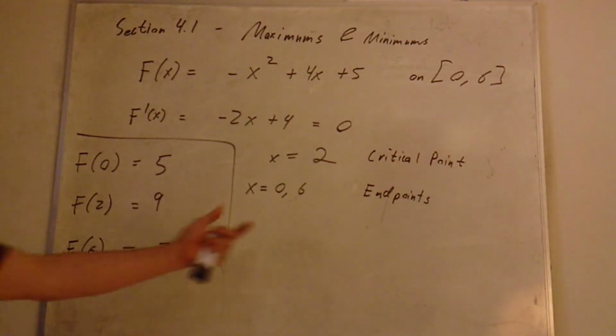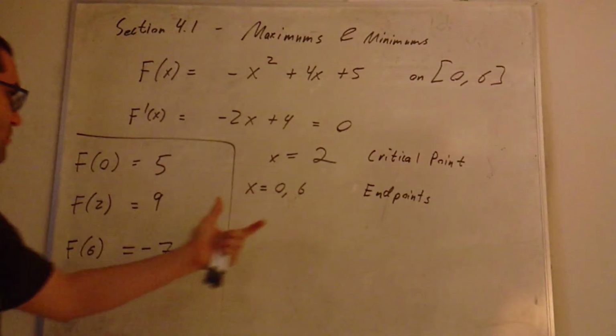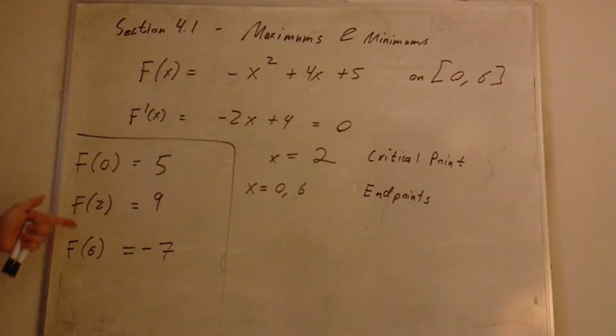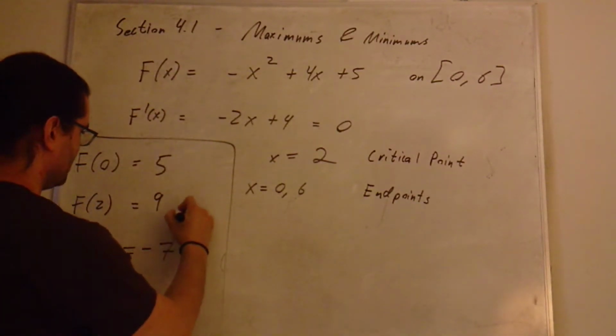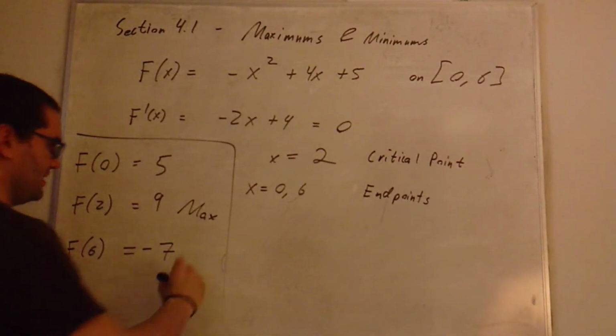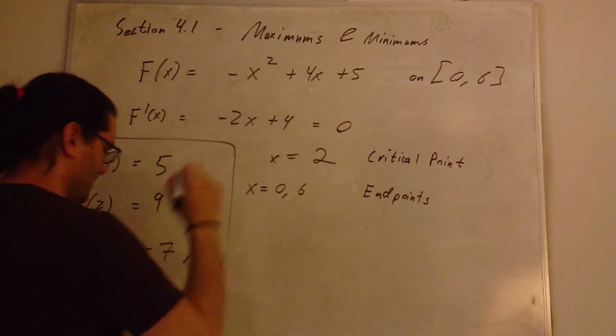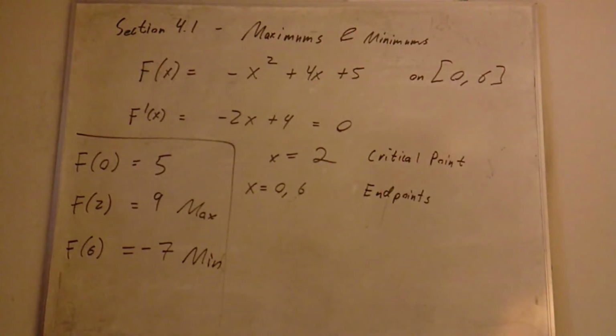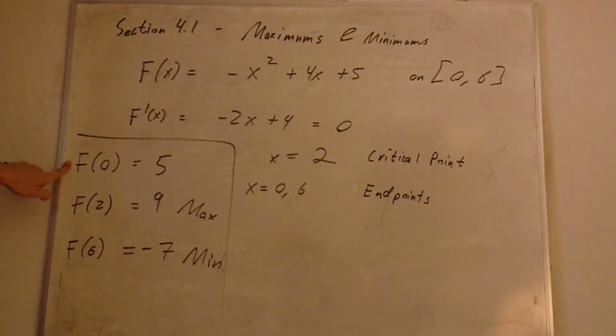So, I collected my critical points, I collected my endpoints, I found the value of the function at each of these points, and this is telling me that this is the maximum, because it's the biggest number I have in this list, and this is the minimum, because it's the smallest number I have in that list. That probably means that this is a local minimum? That's my guess.